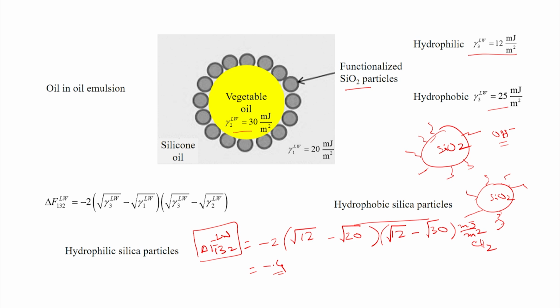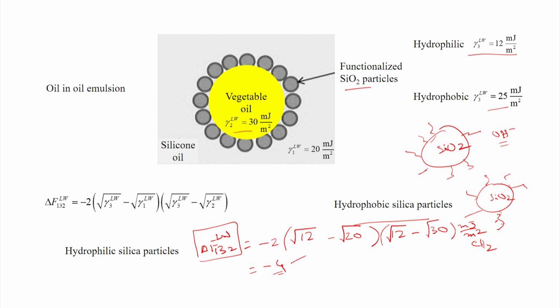What it means is that these particular SiO2 particles will not be able to stabilize this emulsion. The silicon oil comes onto the vegetable oil, so it will not get stabilized. So, this is negative over here.